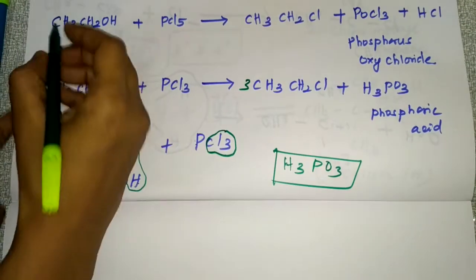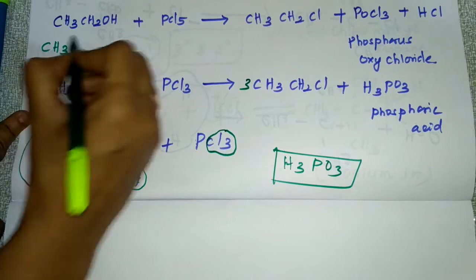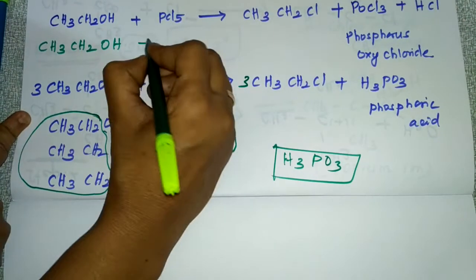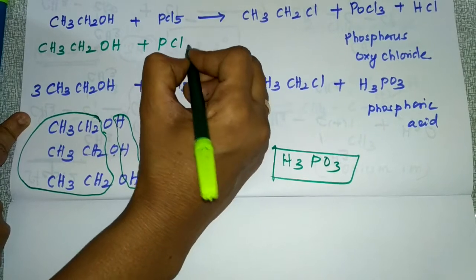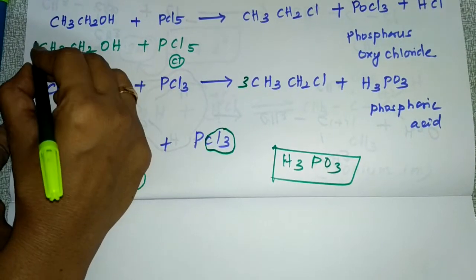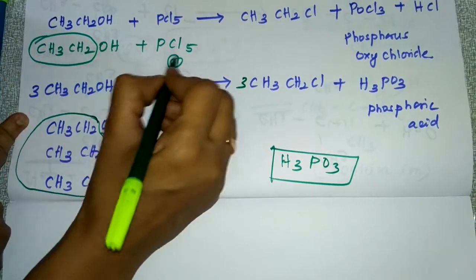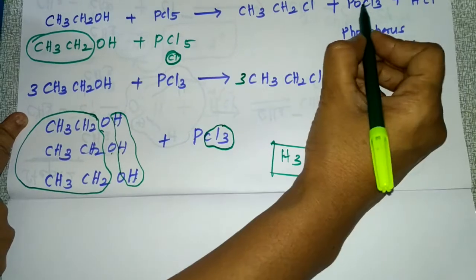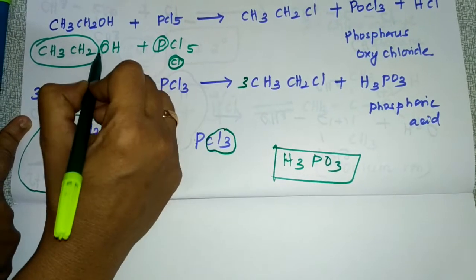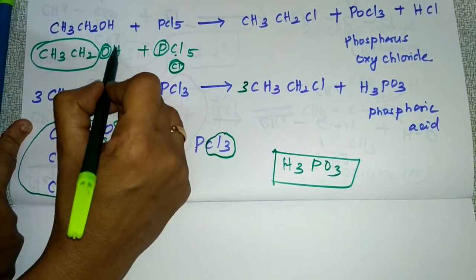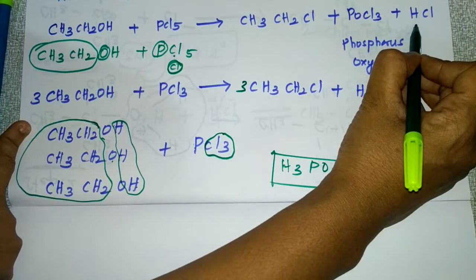But if you take CH3CH2OH with PCl5, one chlorine will combine to give CH3CH2Cl, then POCl3, and the remaining one chlorine will combine with hydrogen and you will get HCl.